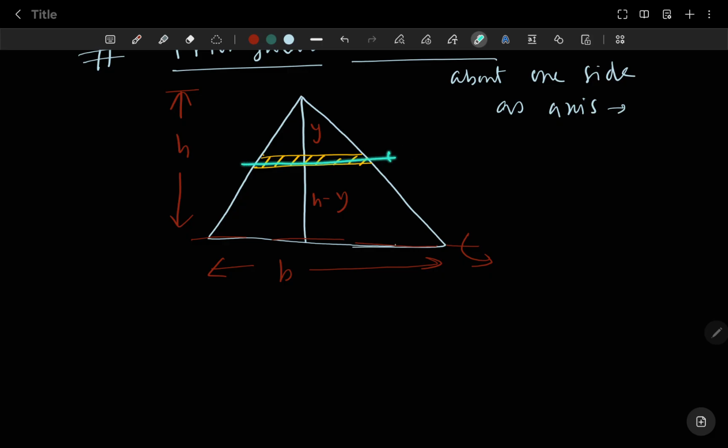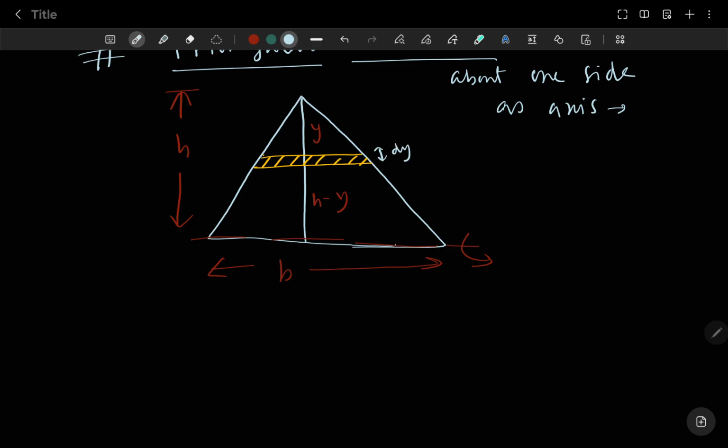Suppose the mass is dm. Let me call the width dy.